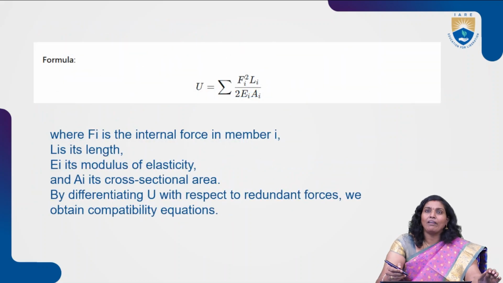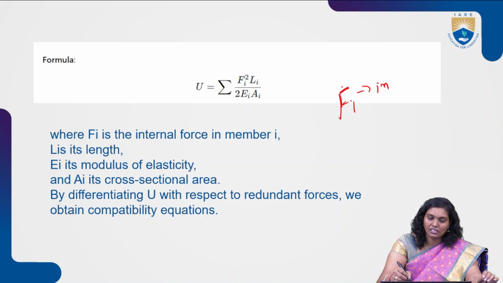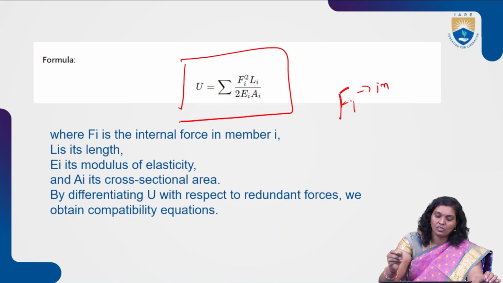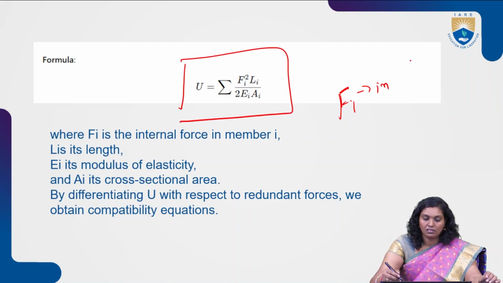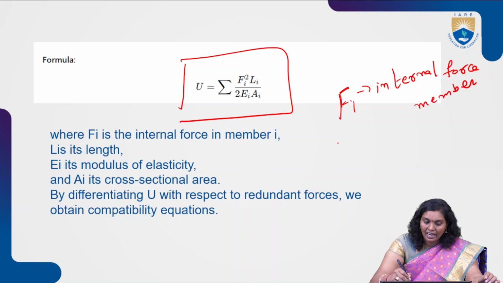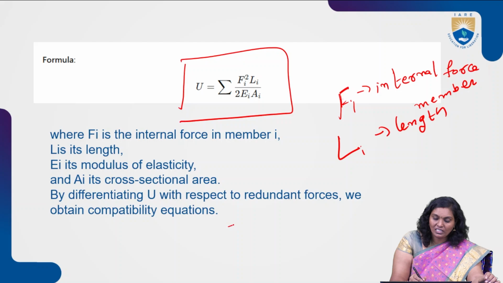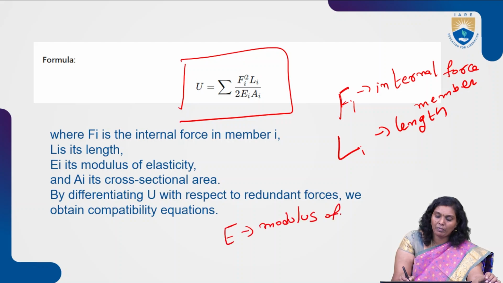This is the formula which we are going to understand. Here, Fi is the internal force. This is the strain energy formula which we use with respect to the redundant forces. F is the internal force in the member, L is its length, and E is the modulus of elasticity of the structure, whether it is a beam, frame, whatever it may be.